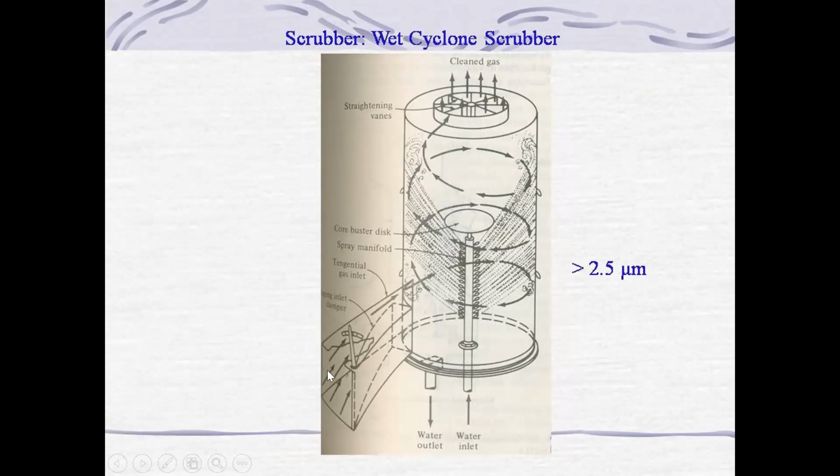Okay, so from this the laden gas is allowed to enter, and the phenomenon of cyclone is again applied over here. Horizontally the gas is allowed to enter into this vertical chamber, and because it is entering the vertical chamber through the horizontal way, it creates the vortex.